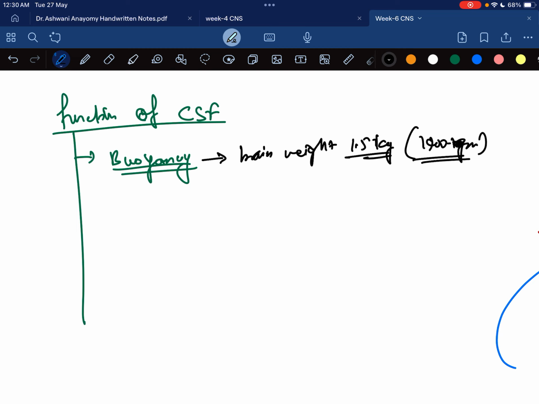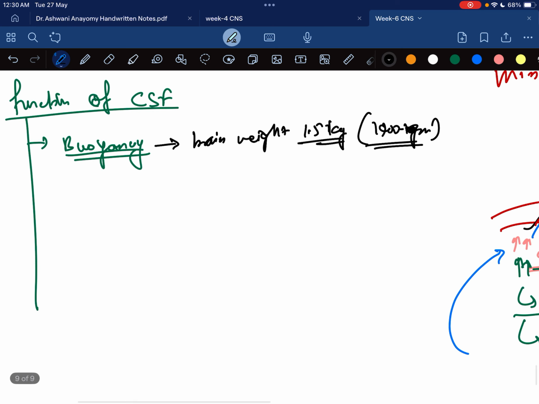This is the weight of the brain. So the CSF has a specific gravity that tends to the gravity, and that helps this weight be reduced to 15 grams. Due to the CSF, the brain feels like 15 grams. So there is no pressure on the base.